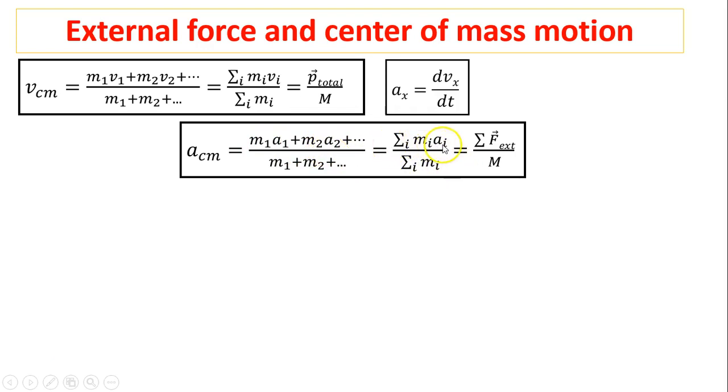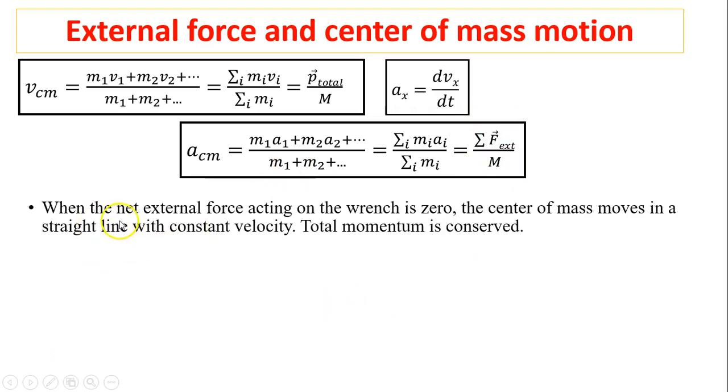And mass times acceleration is a net force. So that is the net force, all the external net force, divided by the total mass. So when the external force acting on the system is 0, A center of the mass is 0. The center of mass moves in a straight line with constant velocity or at rest.